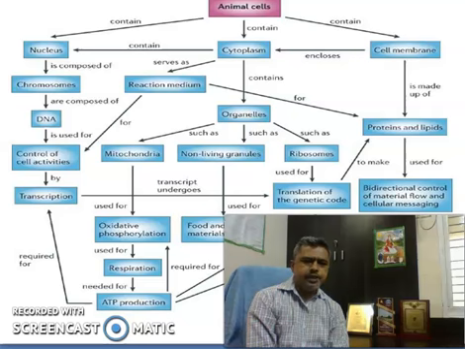Similarly, the nucleus is composed of chromosomes, and those chromosomes are composed of DNA, and that DNA is used for control of cell activities. So there are two ways through which the nucleus and cytoplasm both give control of cell activities.